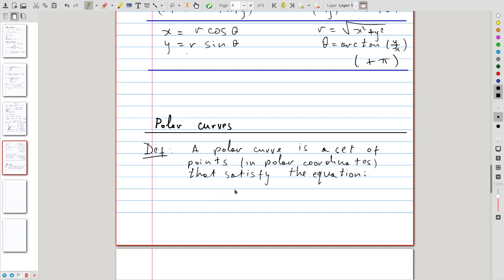We will primarily deal with equations of the form r equals f of theta.